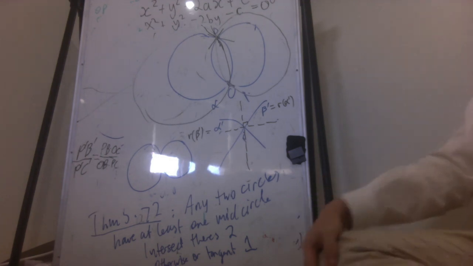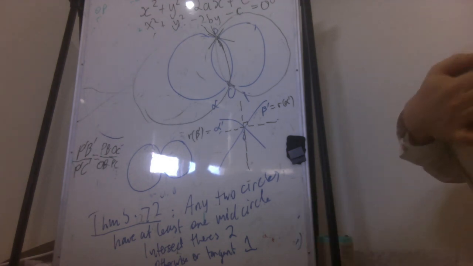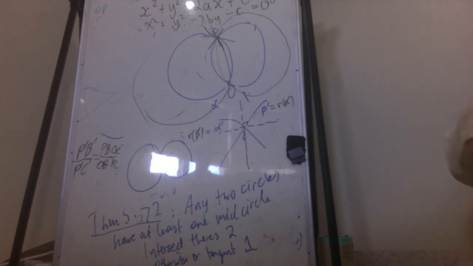A radical axis is considered a circle. Exactly. So when the circles are actually the same, the radical axis is the reflecting line, right? If the circles are actually the same, you can't invert them to each other with a circle. Well, you just choose the inversion circle to be a line, itself.